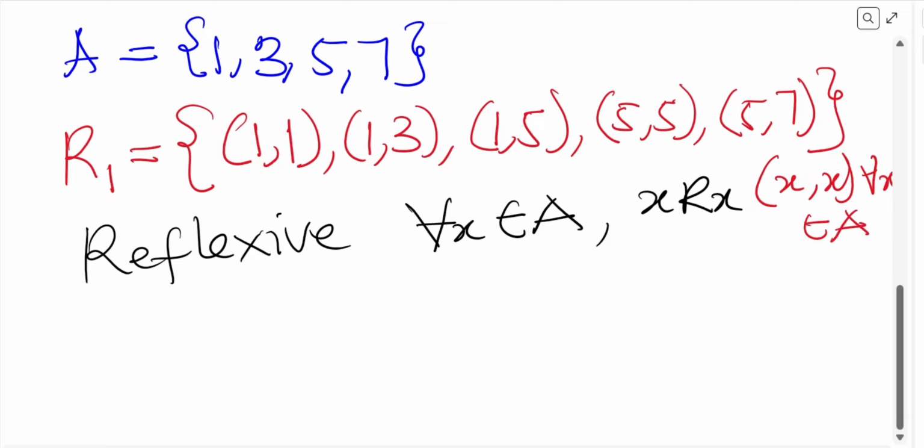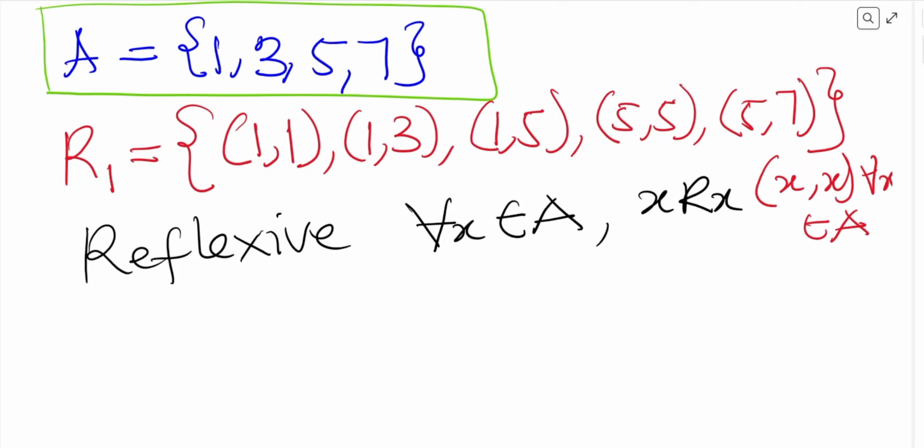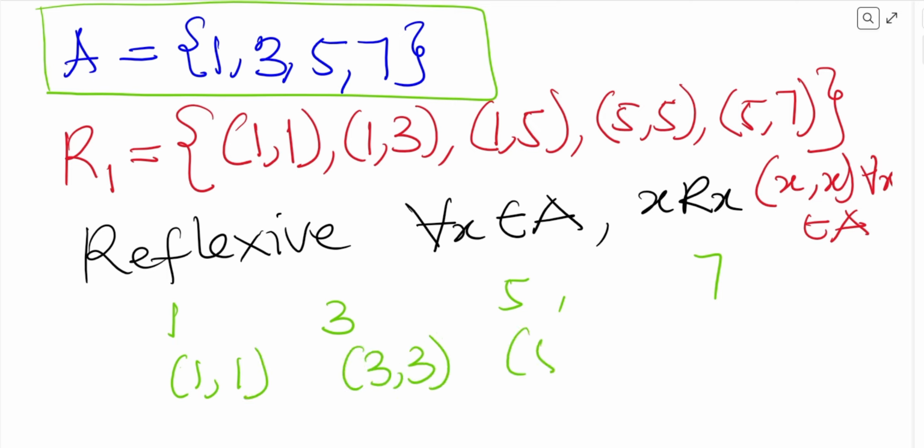So, looking at the sets we have been given, we have elements 1, 3, 5, and 7. And so, for any relation on the set A to be reflexive, it means that it must contain the elements 1, 1, 3, 3, 5, 5, and 7, 7.